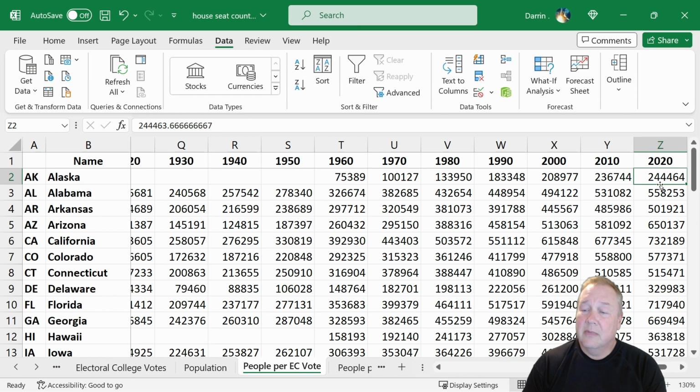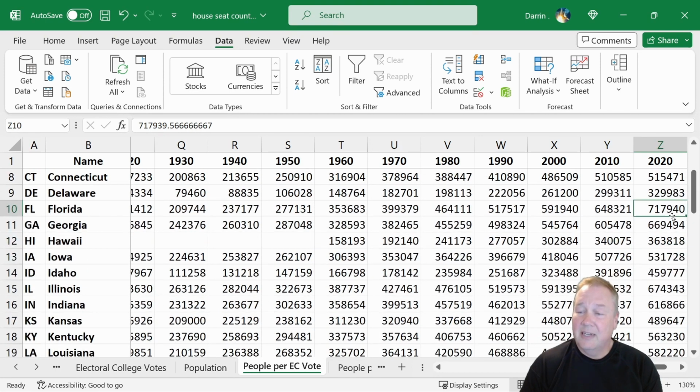So 244,464 people get one electoral vote, compared to Florida, where it's 717,940 people.